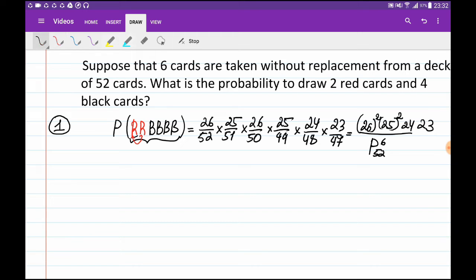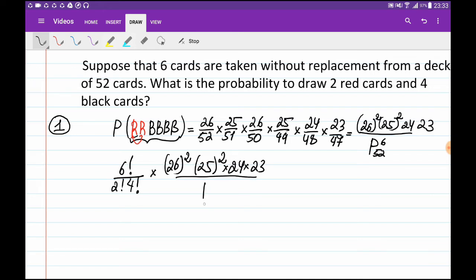So the permutation when we mix them is 6 factorial over 2 factorial multiplied by 4 factorial. And since choosing the 2 red cards and the 4 black cards is always the same, we have to multiply this by 26 squared, 25 squared, 24, 23, and divide this by the permutation of 52 and 6.